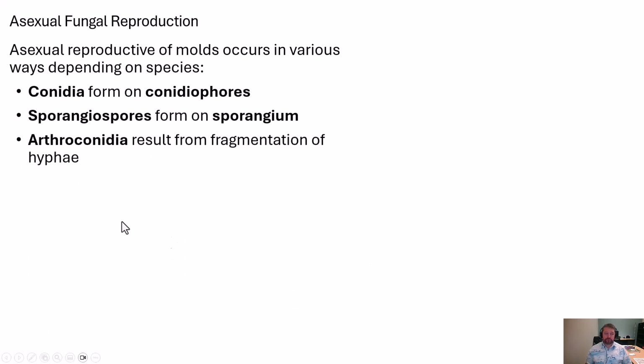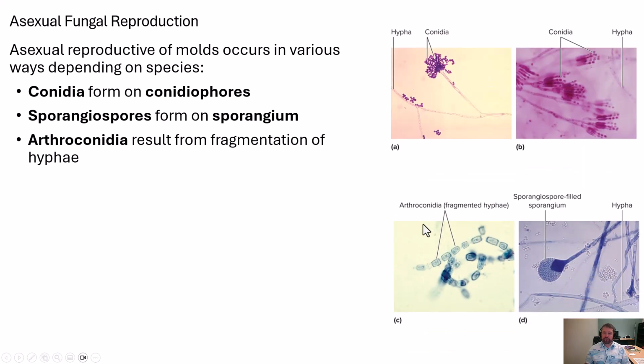And so asexual reproduction really depends on the species. This is where we get into a lot of the terminology that is species or group dependent, and that will be based on what type of spore they form. Is it a spore that is formed from conidia?